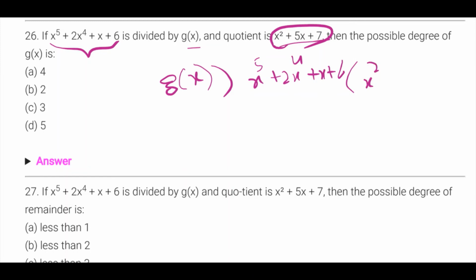The starting term of the quotient is x square. So what could be the possibility of g of x? G of x should be more than the quotient, so it may start from x cube or x power 4.